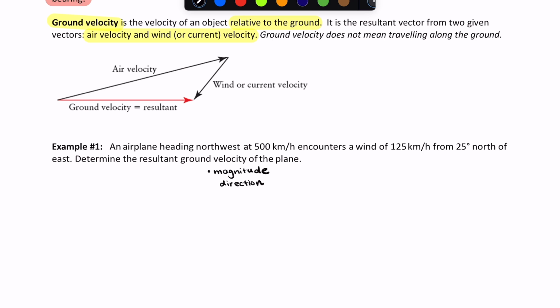Again, the plane is at 500 kilometers per hour, with a wind of 125 kilometers per hour from 25 degrees north of east.